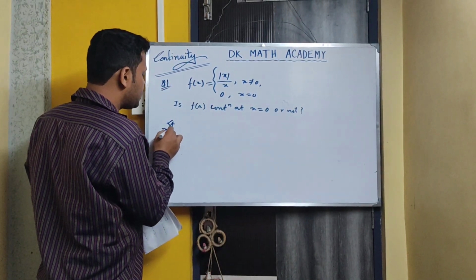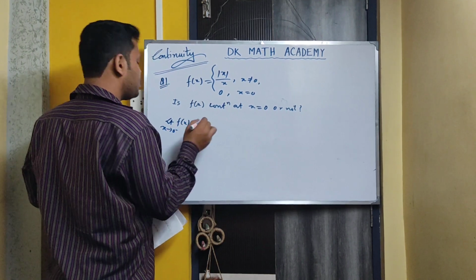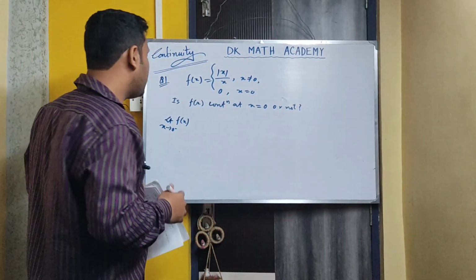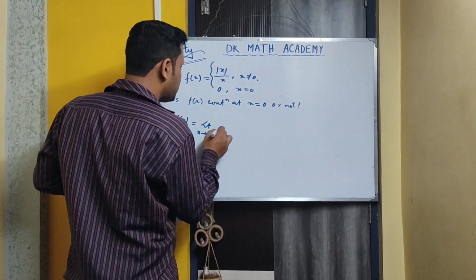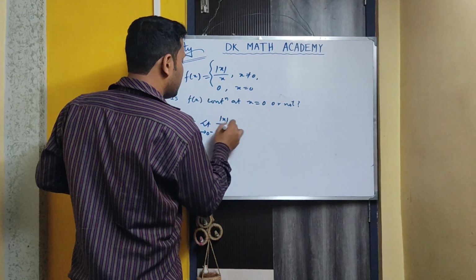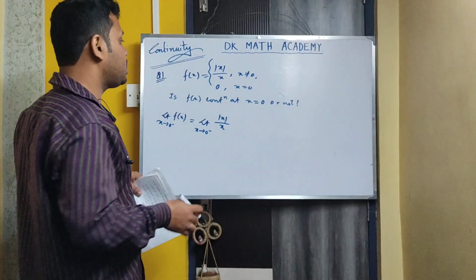Let's see the left limit, x tends to 0 minus of f(x), which means |x|/x, as x tends to 0 minus, x not equal to 0.